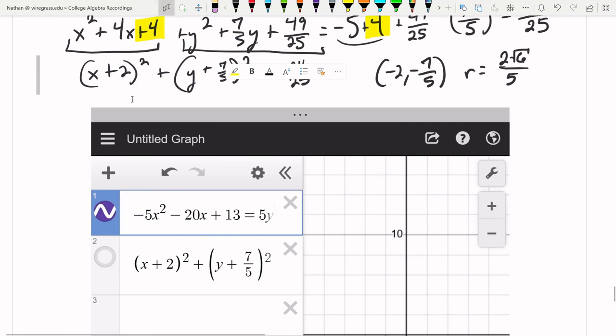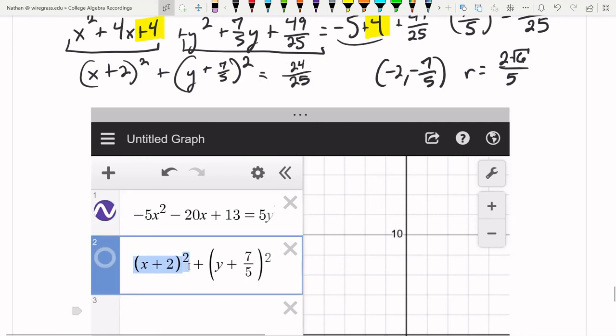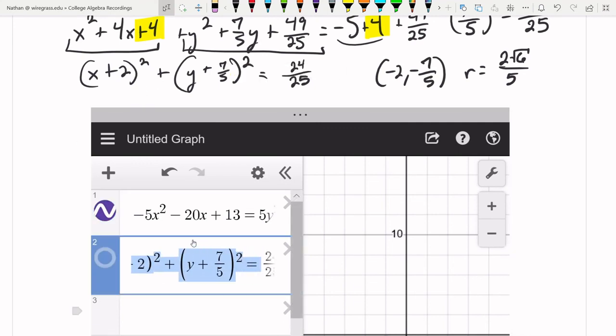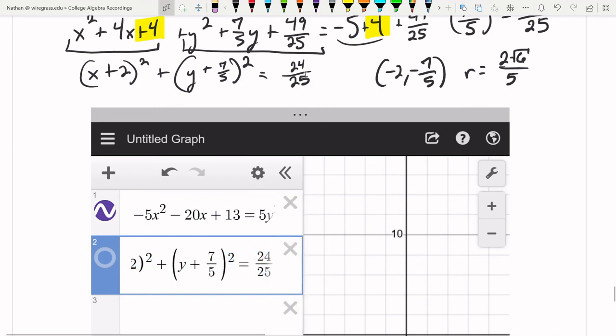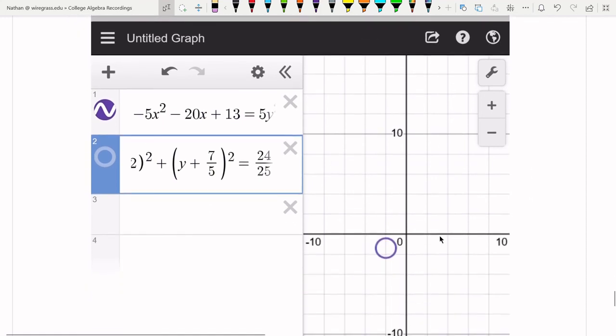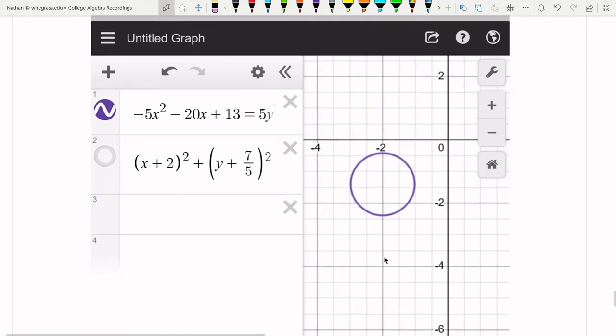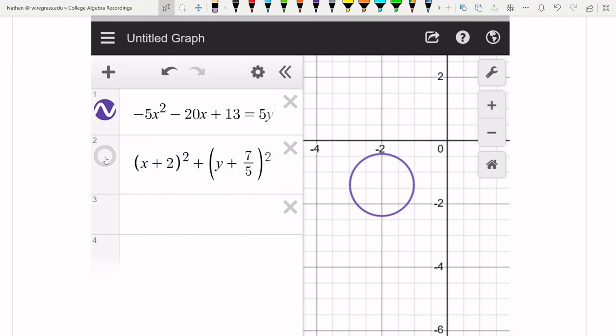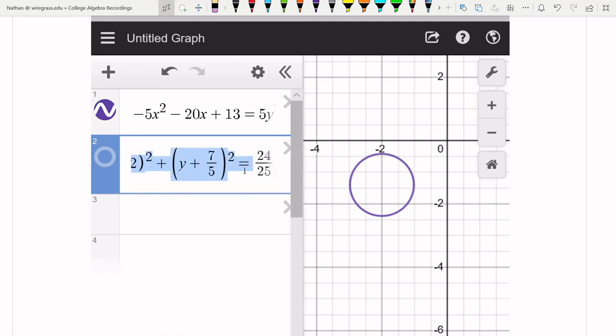This is x plus 2 squared plus y plus 7/5 squared equals 24 over 25, or this thing squared. It's the same thing. That's going to give us this circle. And if I graph the circle that we found, it overlaps it completely. So this is the correct squaring.